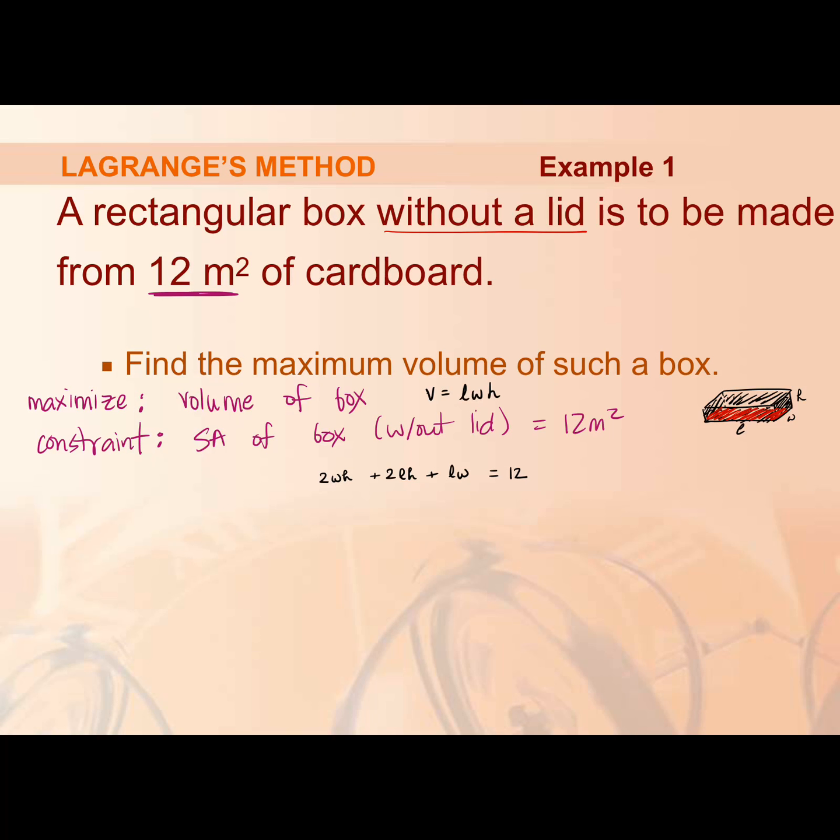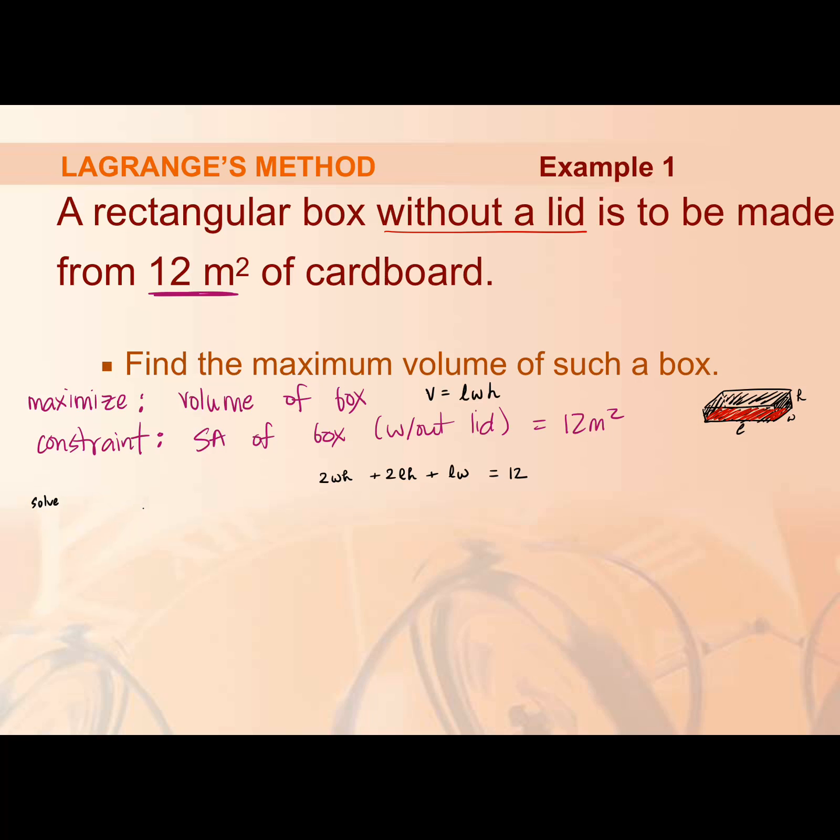So we need to solve that the gradient of V is equal to lambda times the gradient of G, and G is equal to 12.